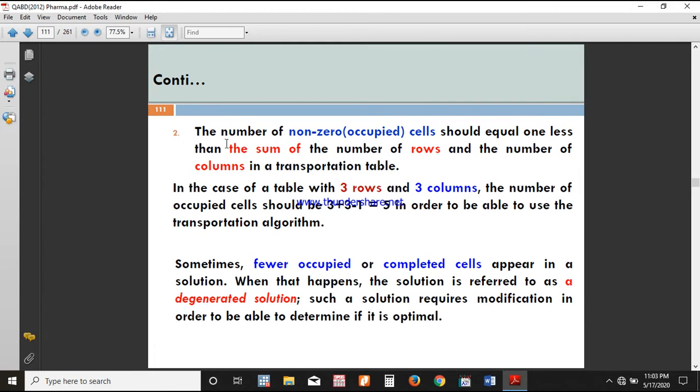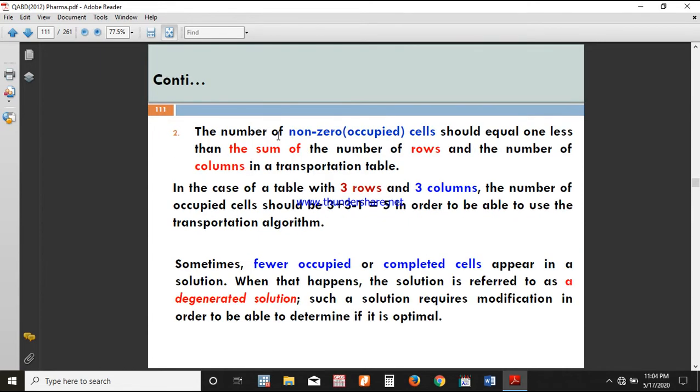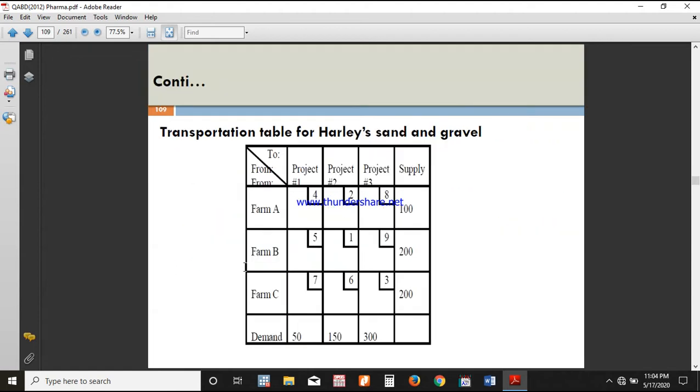The second condition in finding an initial feasible solution in this transportation model is that the number of occupied cells should equal 1 less than the sum of the number of rows and the number of columns. Here in this case, there are 3 rows and 3 columns.